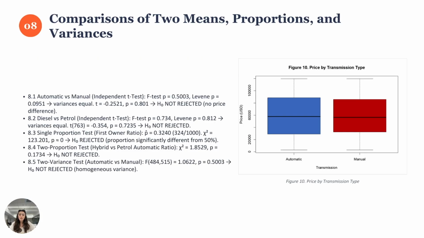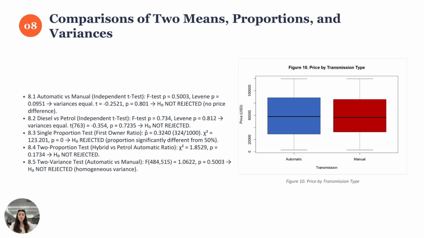Here we compare groups. As figure 10 shows, price distributions for automatic and manual cars look very similar, and a t-test confirmed no significant differences, p equals 0.801. Diesel versus petrol also showed no differences, p equals 0.7235.